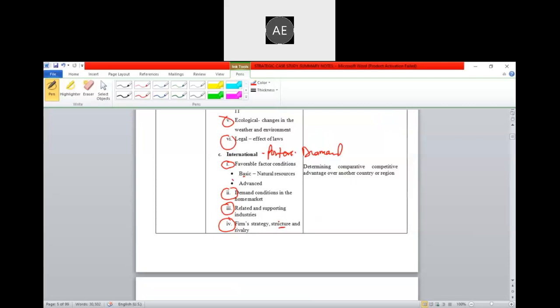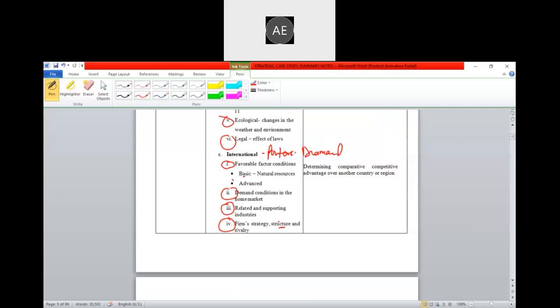But what I want you to know now is that the strategy the firm wants to use to go outside, and the structure of the firm, will also determine the ability of that firm to achieve comparative competitive advantage. If the structure of the firm does not match its strategy, then it cannot succeed in going outside.